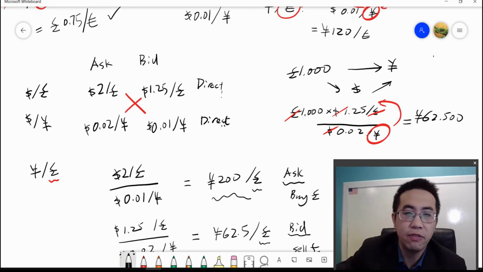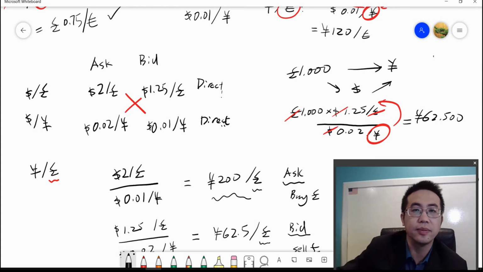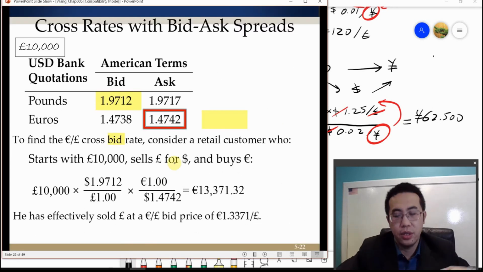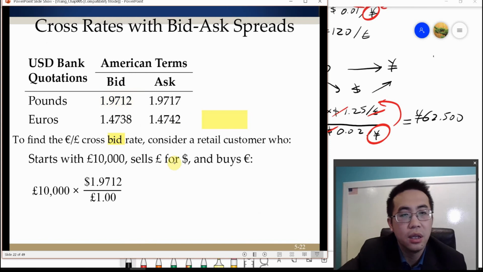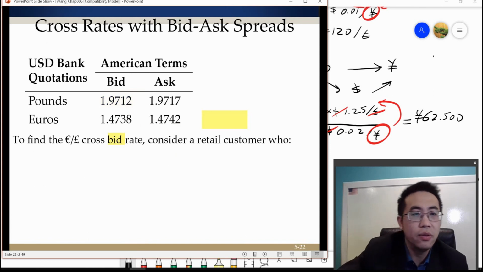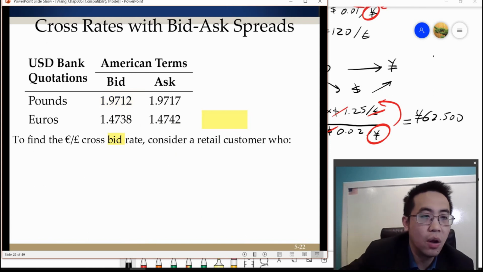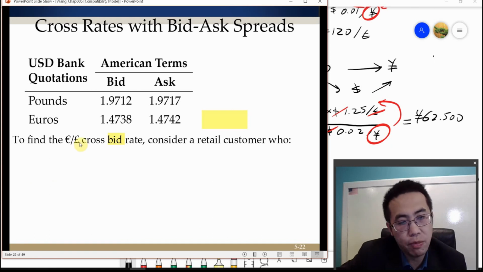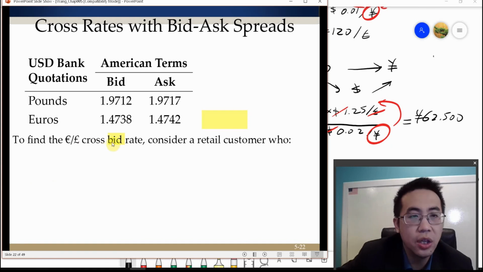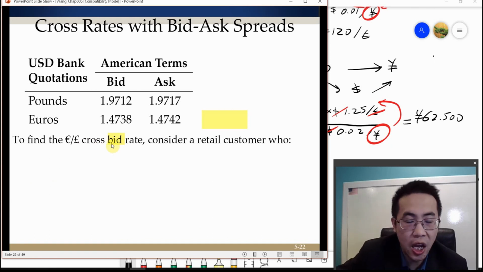Okay, so you should be familiar with calculations like this. And back to the PowerPoint, just to start over again. So if you want to find the euro price per British pound for the bid rate, you should know that bid is about selling things, and you're always selling the currency to the right of the slash line.